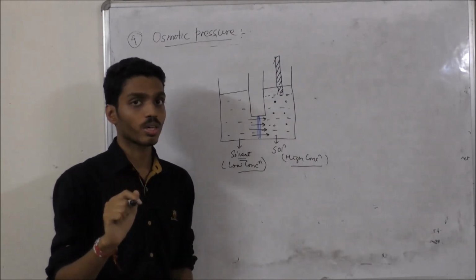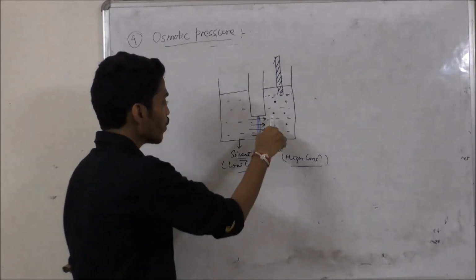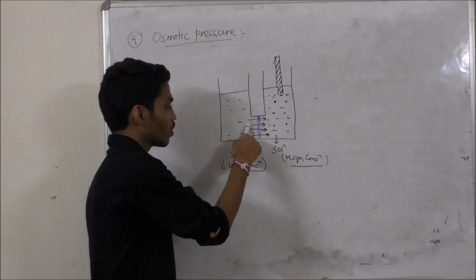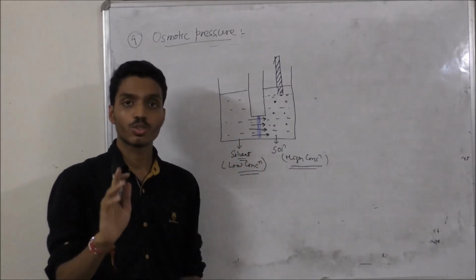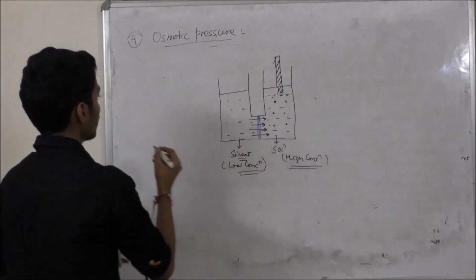Then what is the osmotic pressure? It is the minimum amount of pressure that you require to stop the flow of solvent molecules from lower concentration side to higher concentration side.